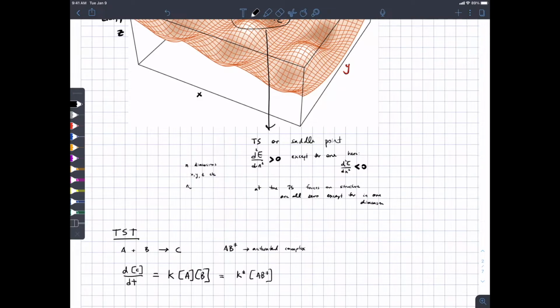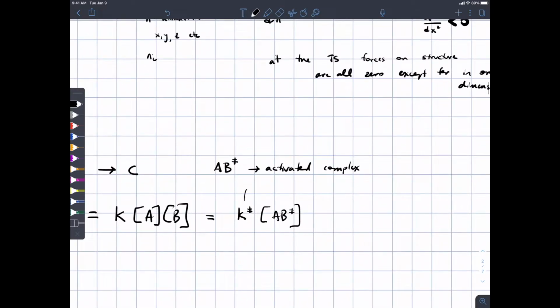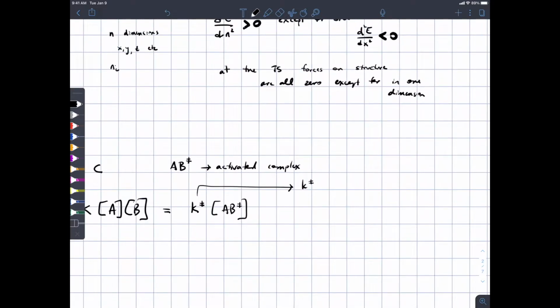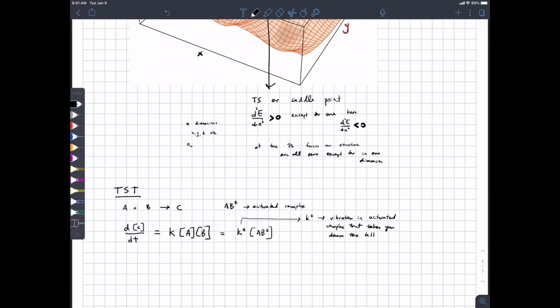So in this case, AB with the double dagger is the concentration of the activated complex. And this rate constant, K with the double dagger, is related to a vibration in the activated complex that takes you down the hill, takes you away from the saddle point.